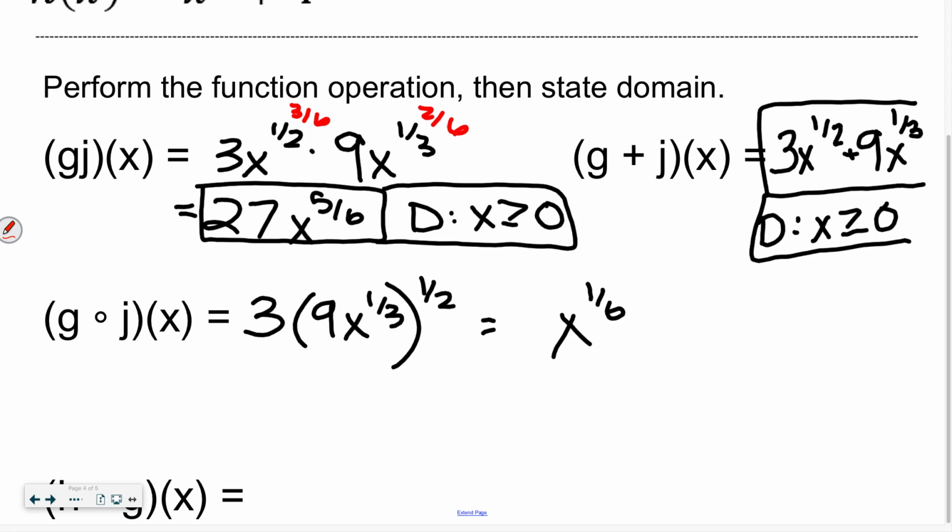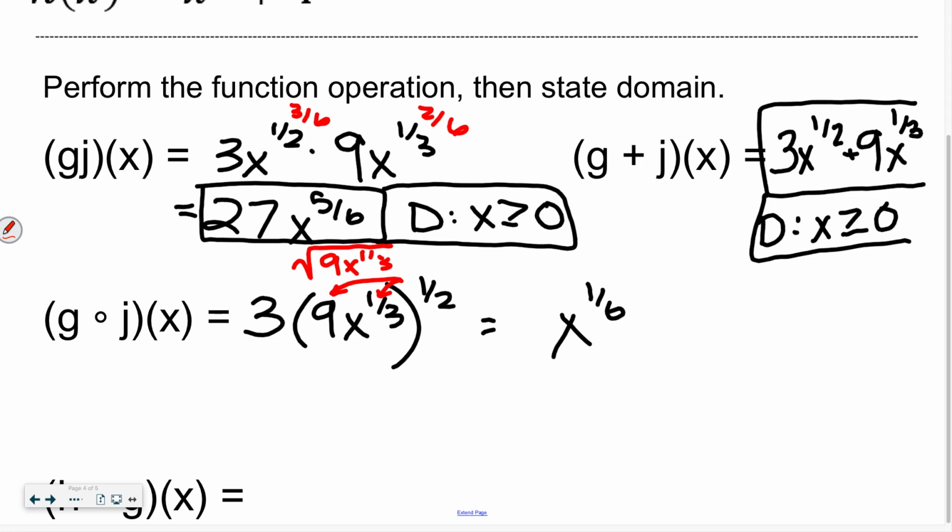Okay, so what is this, in addition to multiplying, what does this exponent of 1/2 mean? It's a square root. So aren't you square rooting 9x to the 1/3? And what's the square root of 9? 3.